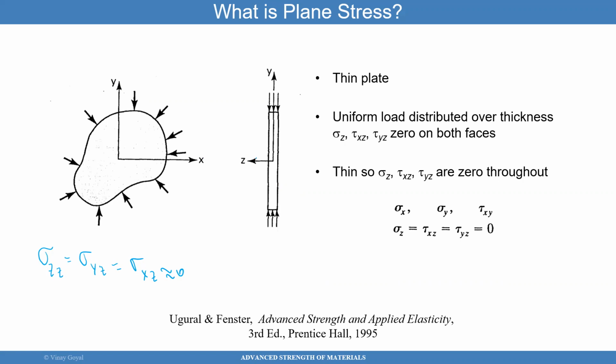So let's think about that. Let's look at this face. If I don't have loads applied to this surface, and let's assume that this top surface is z equals plus h, and this surface is z equals minus h, let's examine using Cauchy's relationship what is going on.